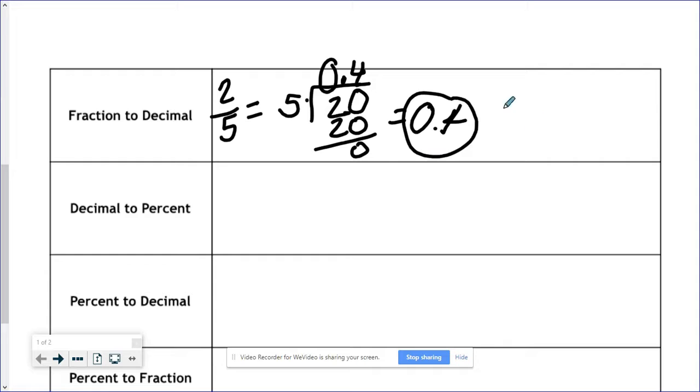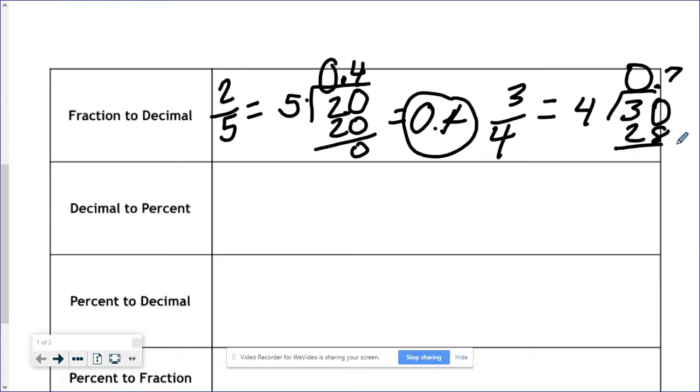A really good example of this is 3/4. I would almost bet that 95% of you know what 3/4 is as a decimal. And if you don't, remember it, learn it. But we would do the same thing. We would say, this doesn't work. I'm going to put my decimal. I'm going to add a 0. 4 goes into 30 7 times. It's going to give me 28. I'm going to have 2 left over. I need to add another 0.